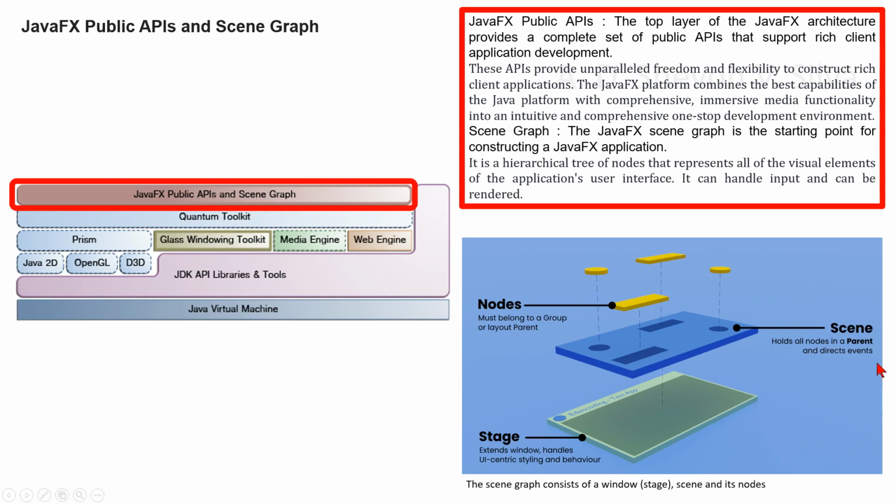A scene describes everything that is inside a window in a JavaFX application, where the window provides a look and feel that's specific to the OS that's driving the application.